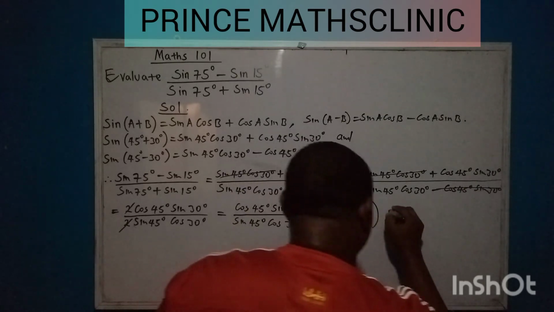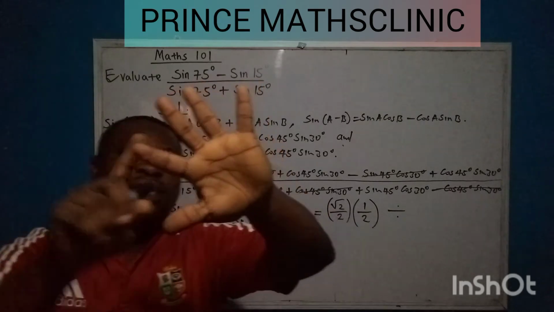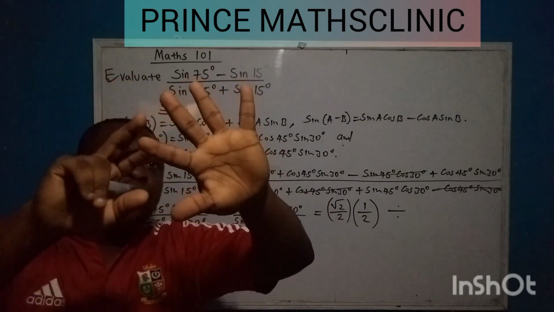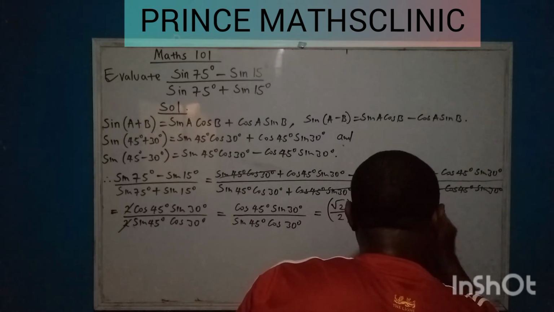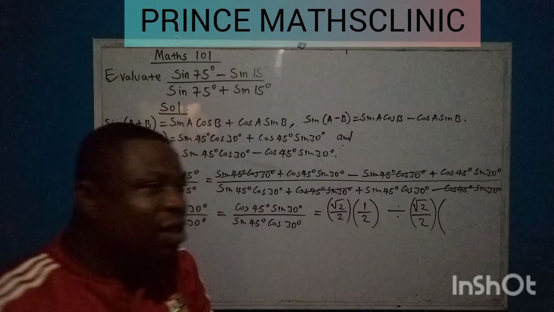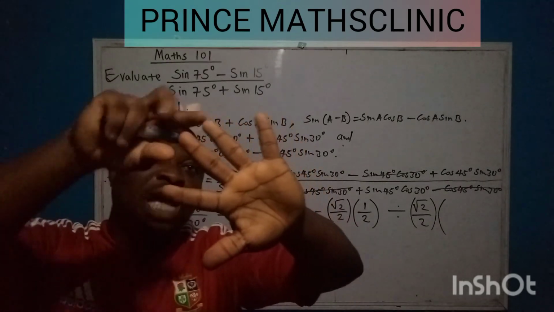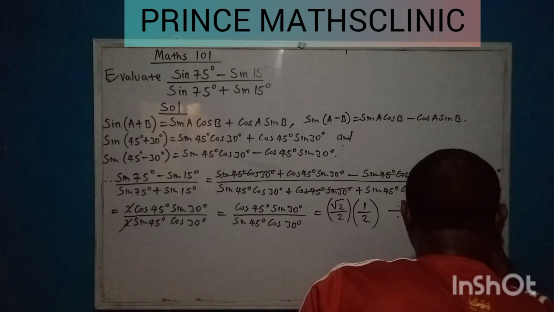Then this division, put it like this, divided. Sine 45 again, this is 45. Sine is what? Square root of fingers below, which is root 2 over 2. Multiply by cosine of 30. This is 30. Cosine means square root of fingers above, which is root 3 over 2.